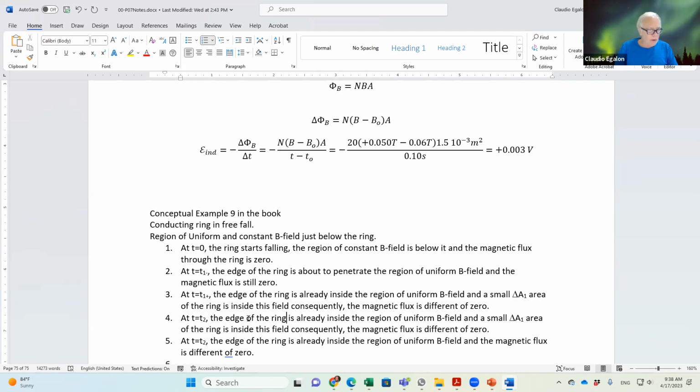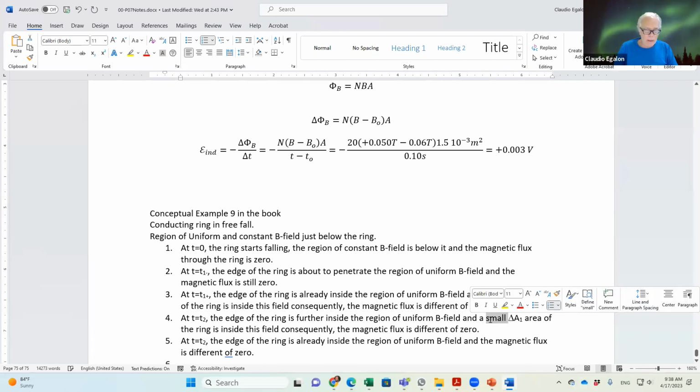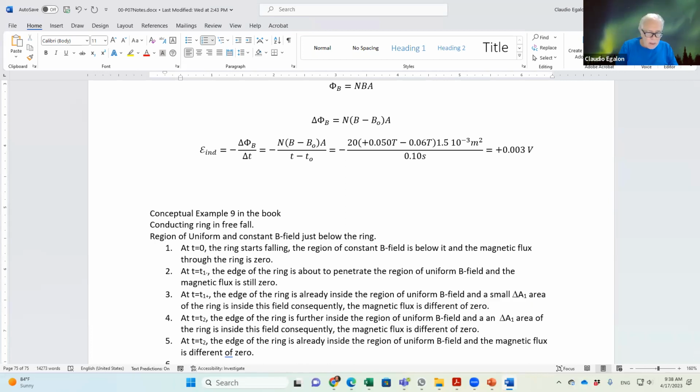The edge of the ring is further inside the region of magnetic field, and an area delta A2, by the way greater than delta A1, is inside the field.